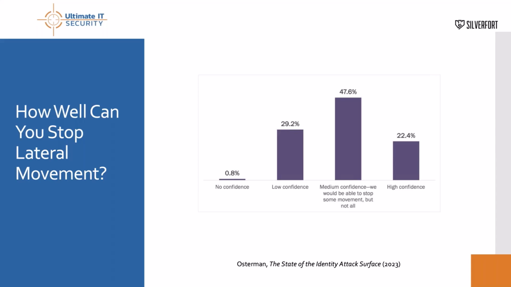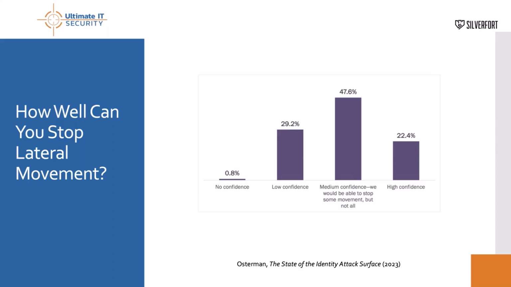Yiftach? Yeah, so this research report we did with Osterman, we polled organizations worldwide and asked them what they think. It was important for us to grasp how identity security people perceive the problem. We'll soon be releasing a report that shows the actual data from the environments.